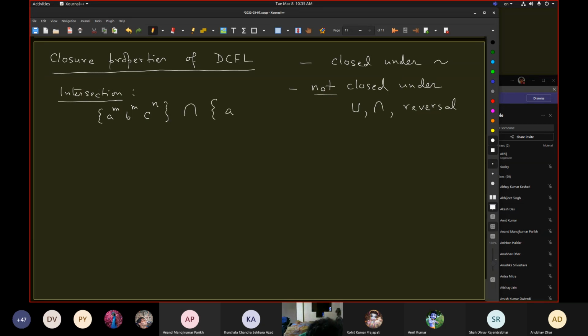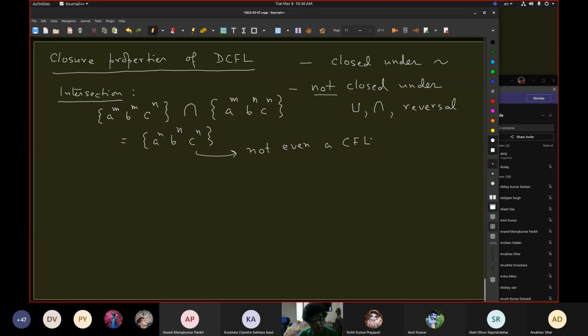Likewise, initially you read some number of a's and then go ahead and match b's with c's. M and n are arbitrary. This is also deterministic context-free. But what is the intersection of these two languages? It is a power n, b power n, c power n, and this is not even context-free, let alone being a deterministic context-free language.